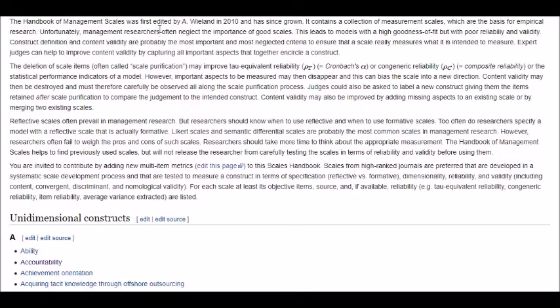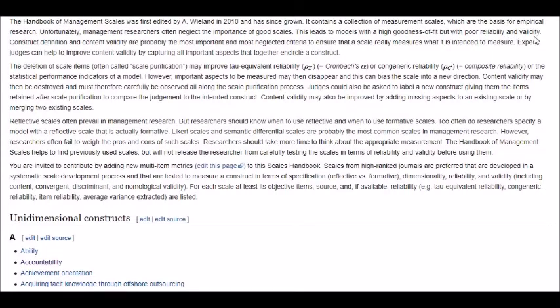That's number one. Number two, let me go ahead with the critical introduction. The Handbook of Management Scales was first edited by A. Wieland in 2010, and it has since grown. Now it contains a collection of measurement scales which are the basis for empirical research. Unfortunately, management researchers often neglect the importance of good scales.